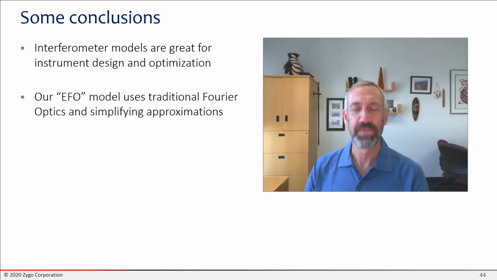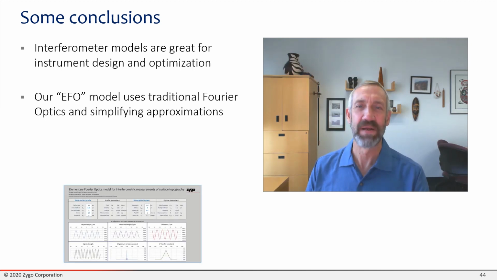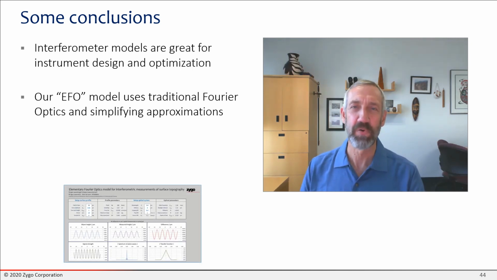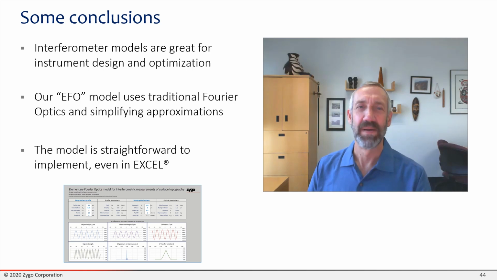This uses traditional Fourier optics to characterize the imaging properties of the system and to give you an idea of things like lateral resolution, the potential for nonlinearities if the numerical apertures are not high enough, and so forth. The model's simple enough that you can implement it in any one of a number of different programming languages, pick your favorite. We thought it'd be kind of fun to do it in Excel.